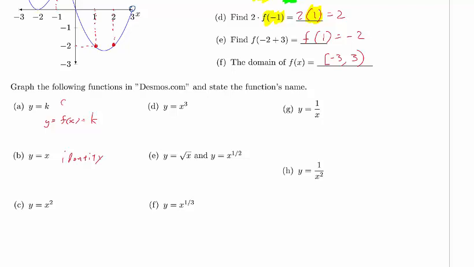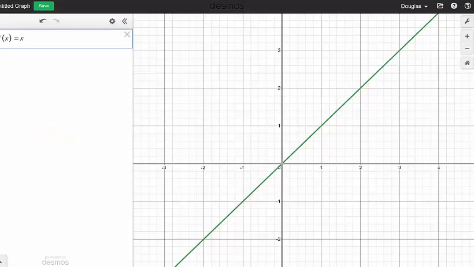This is the constant function. And then for the identity function, let's take a look at the graph. As you can see, the graph makes a 45 degree angle with either axis.